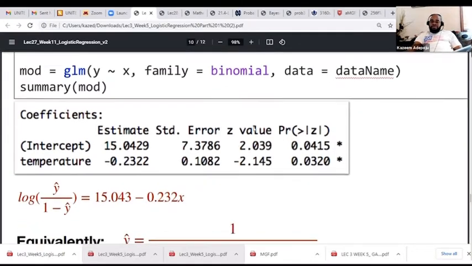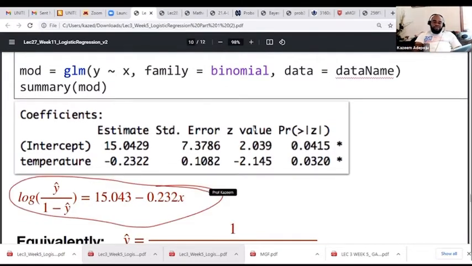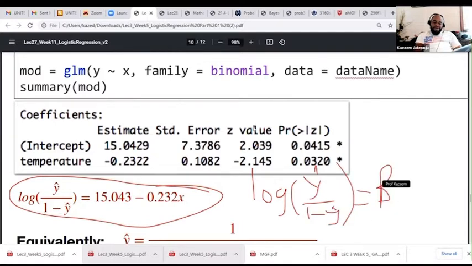The log of y cap divided by 1 minus y cap is equal to beta naught cap plus beta 1 cap x.